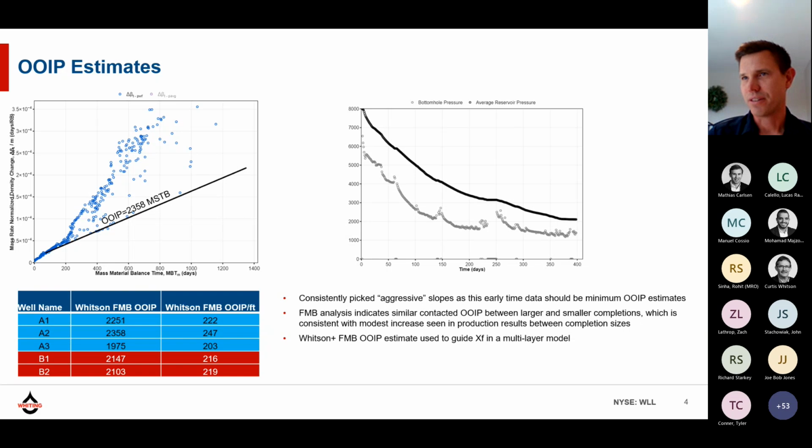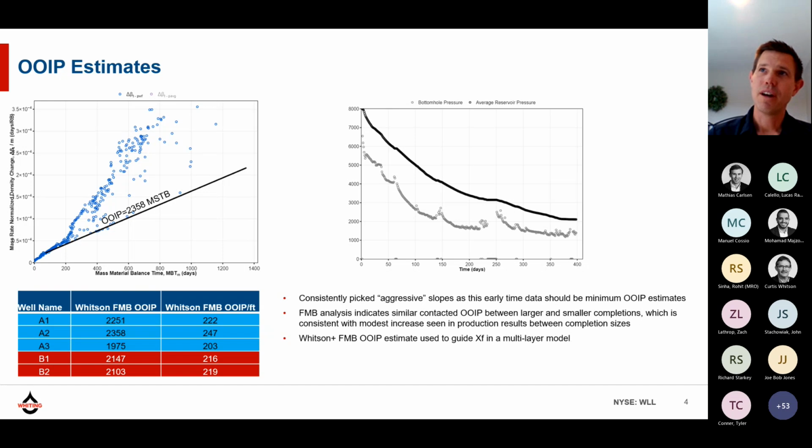And essentially we're not seeing a whole lot of difference in the OIP between the wells that got our base completion versus the wells that got 40% uplift. Actually, if you average them, the ones with the base completion have slightly larger OIP per foot. But I think that's within the resolution of the tool.